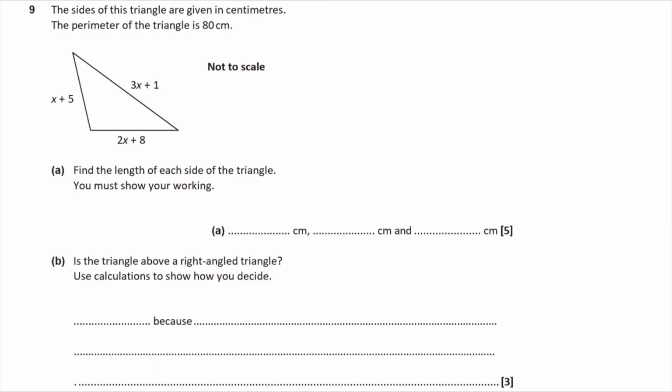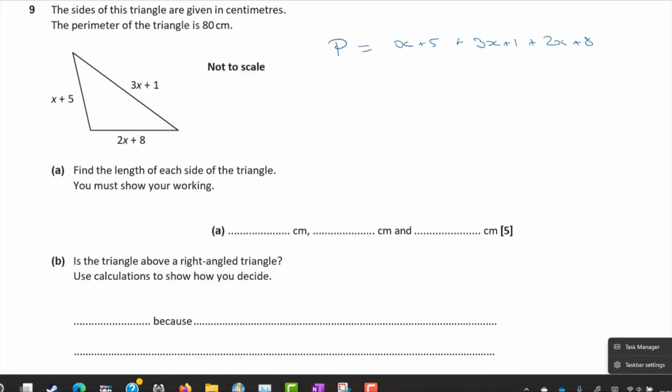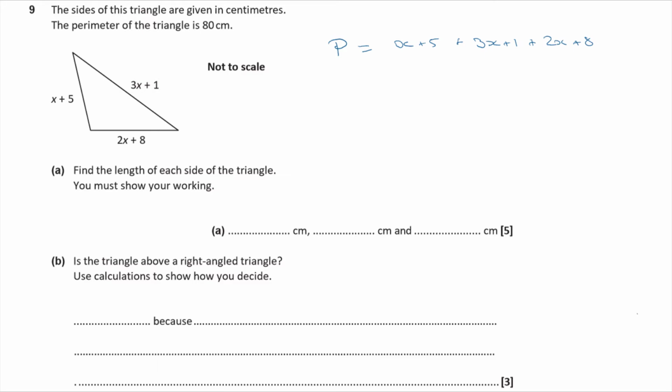Okay, so that's just a matter of forming and solving an equation for the perimeter, isn't it? So my perimeter is going to be equal to those three sides added together: x plus 5, 3x plus 1, and 2x plus 8. I know that the perimeter is 80 because it gives me it in the question.